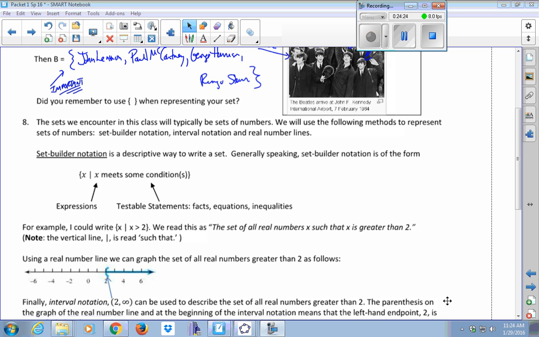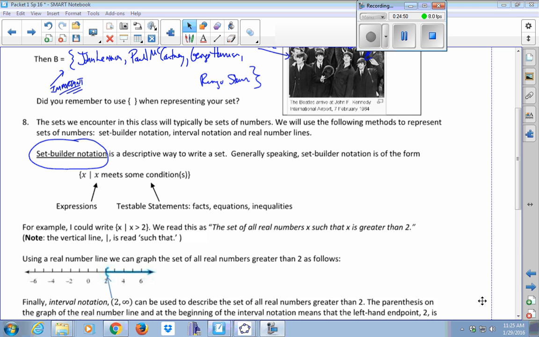Now we're going to talk about really 3 ways to represent a number set, because numbers are an infinite set, and we can't list every possible number, right? So we have to have several ways to represent numbers. The 3 ways we're going to use today: one of them is called set builder notation.